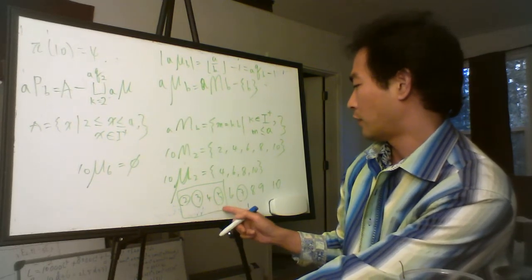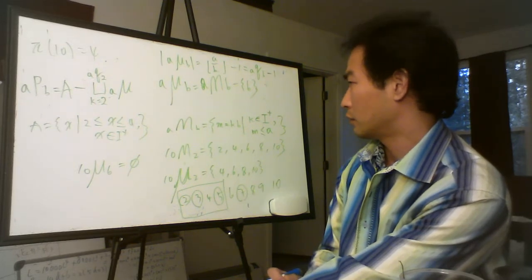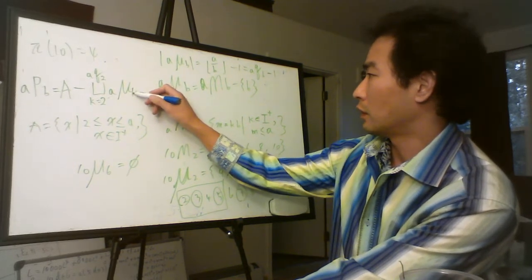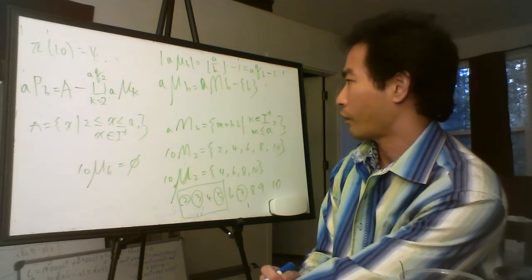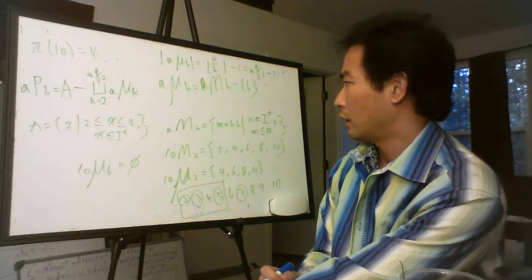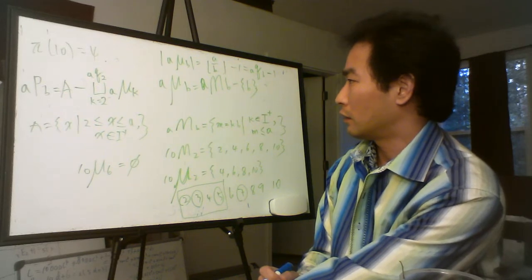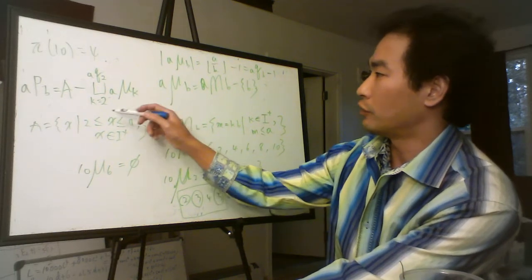2, 3, 4, 5. That's all we need to examine. Something like that. And so we have the union, right?